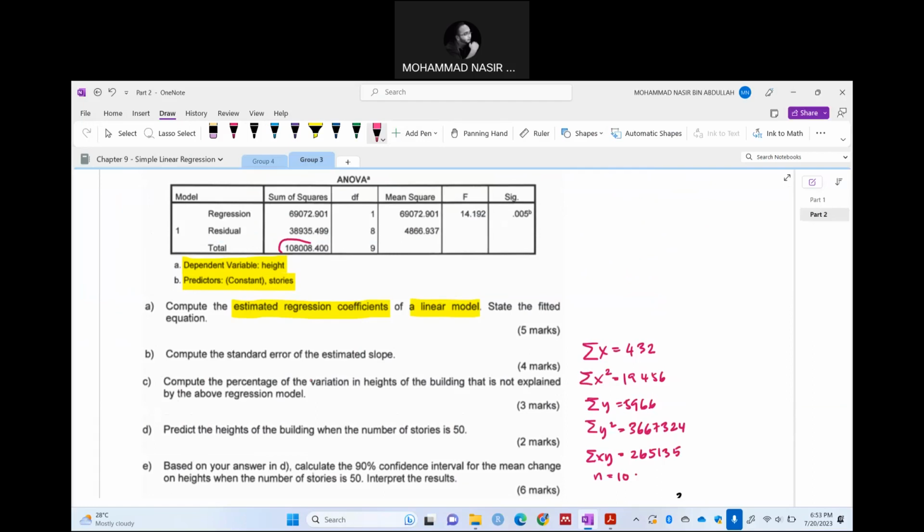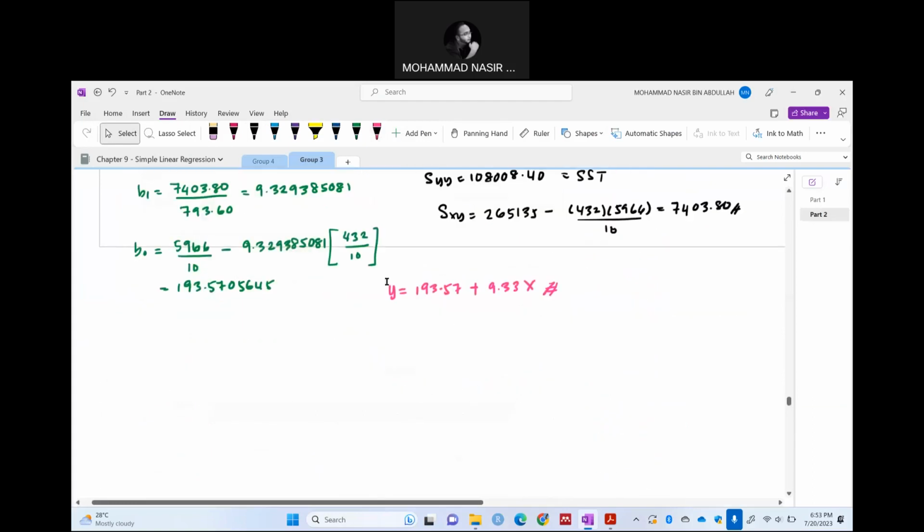Yes. Decimal point for equation, it depends on question lah.